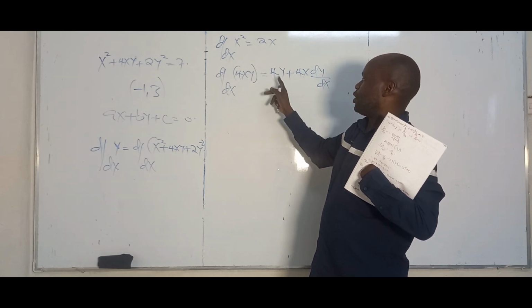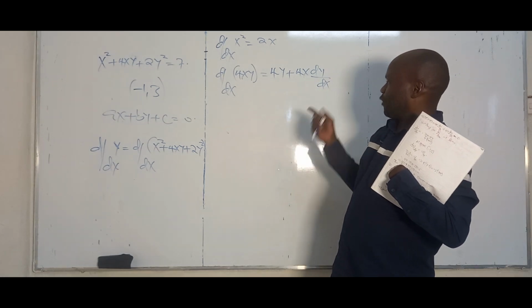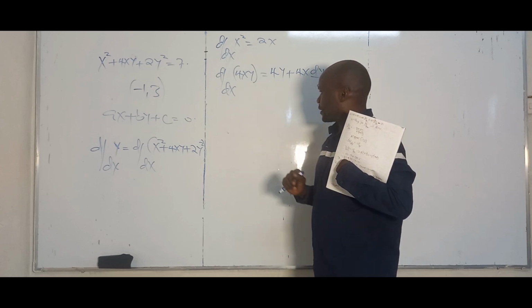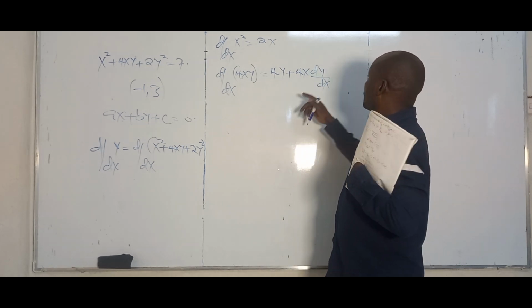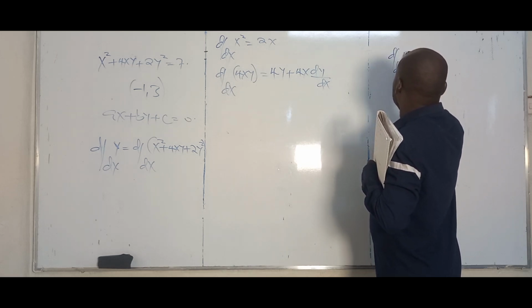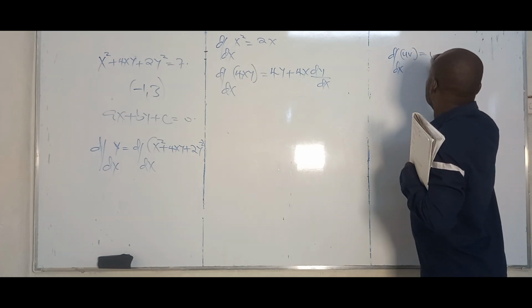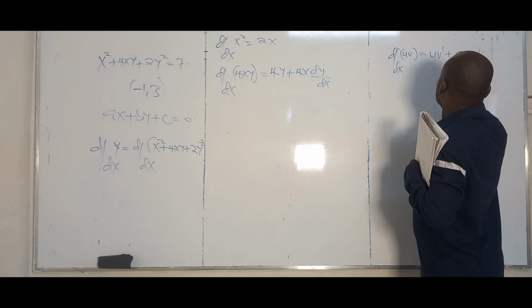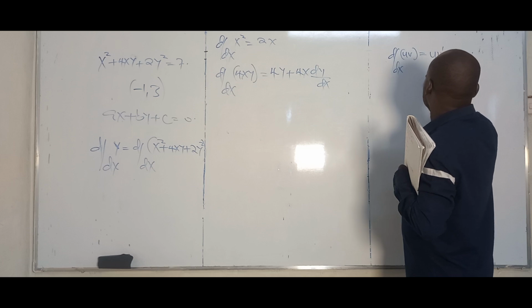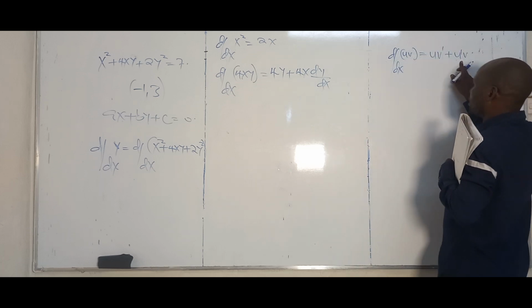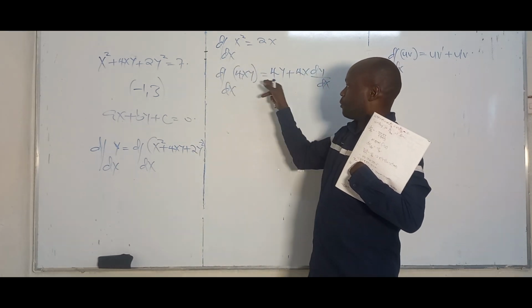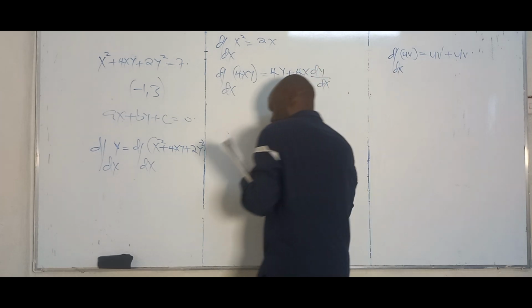Then you find your du/dx and your dv/dx. The product rule simply is d/dx of uv equals uv prime plus u prime v. So take your time and ensure that by applying the product rule on this, you get this.